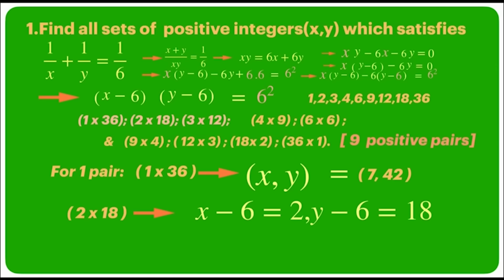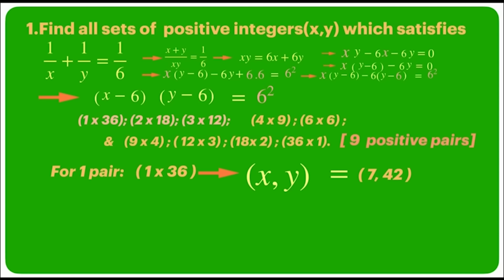From them we easily get the value of x as x equal to 6 plus 2, that is 8, and y equal to 6 plus 18, that is 24. So the other set of values of x and y will be 8 and 24 for the second pair, 2 into 18. And also for the third pair, that is 3 into 12.